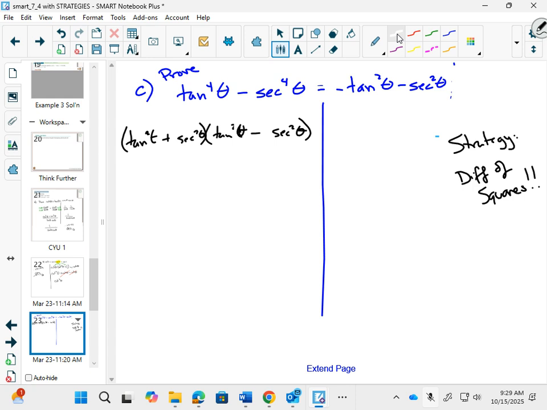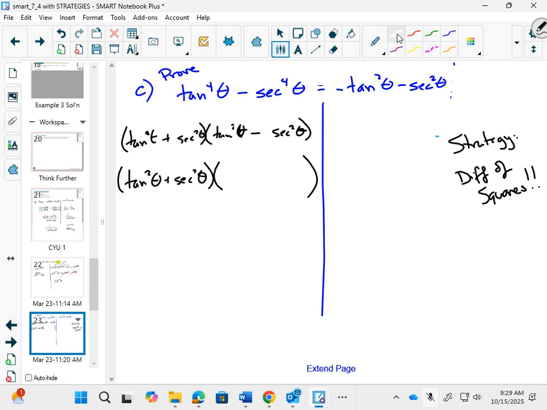So I know, looking at this one, the tan squared theta plus secant squared theta, I won't be able to do anything there. So this one, I won't change anything. But this one, I can't get this without doing two mental math, right?